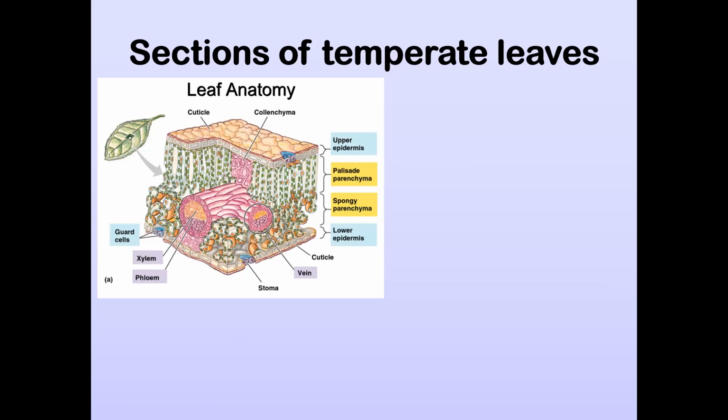So you have palisades in buildings, and the bottom bit is what's called the spongy mesophyll or parenchyma, and it's got lots of air spaces, and the air comes in and out through the stomata. The stomata are open in the morning and close at night under normal conditions, and they have two cells called guard cells.